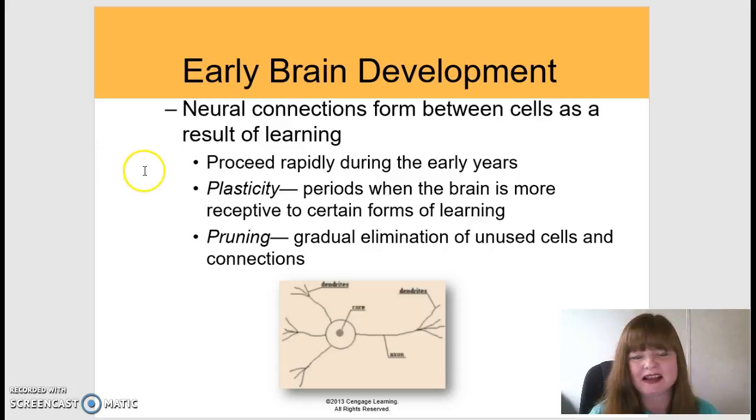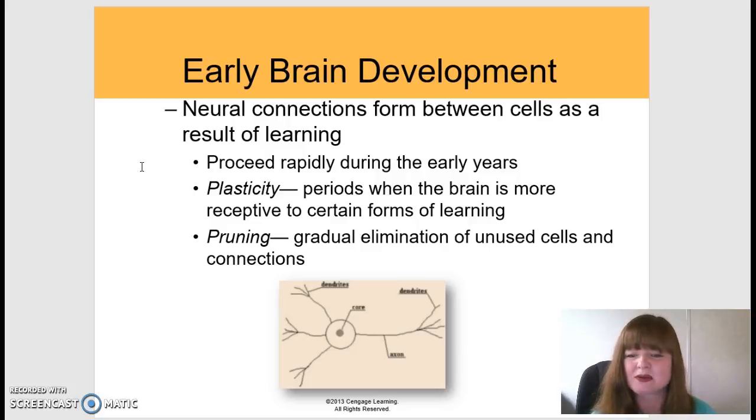Early brain development. A few terms I'd like for you to be familiar with. Plasticity: periods when the brain is more receptive to certain forms of learning. We know that early learning is so important because a child's mind is able to absorb so much more early on than as we get older.